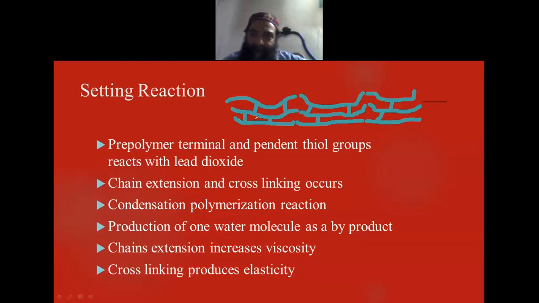As you can see, if these chains form in a solution, like we discussed in the previous chapter, it converts into the gel form. So chain extension increases the viscosity, and the cross linking.